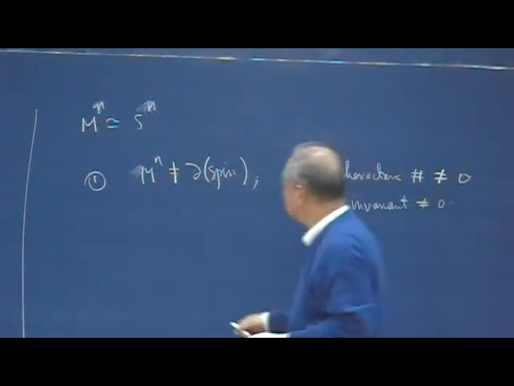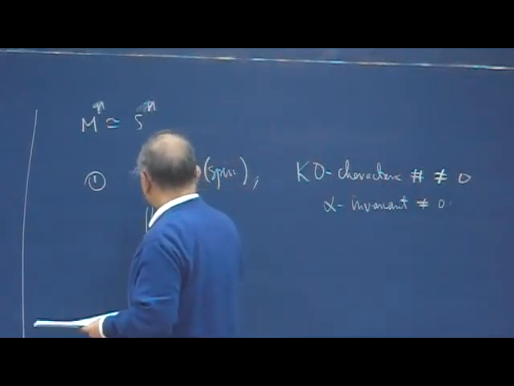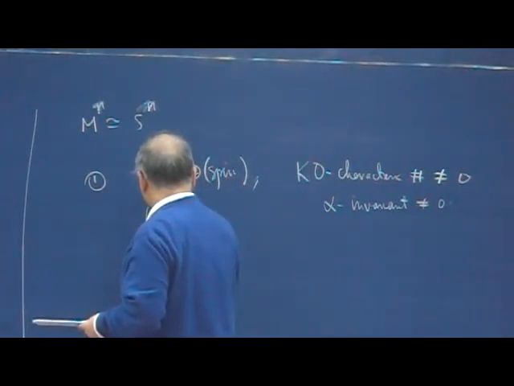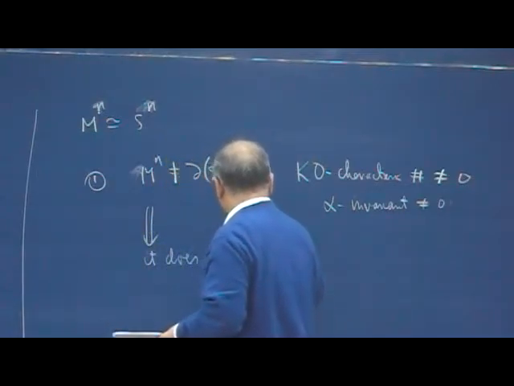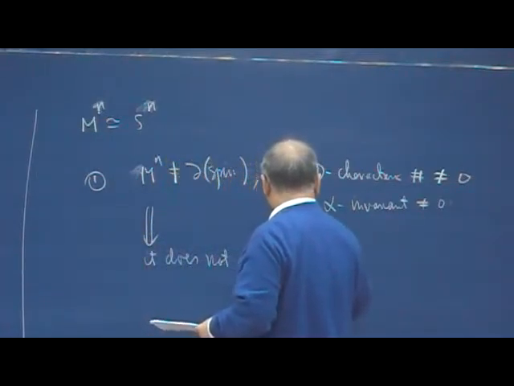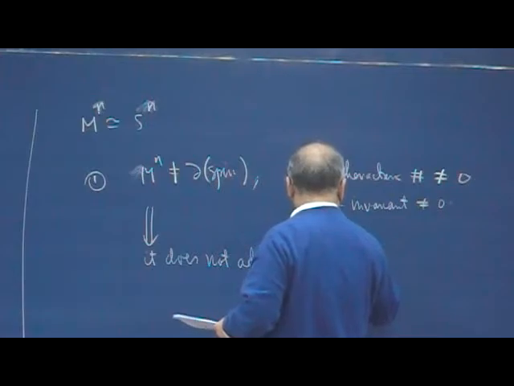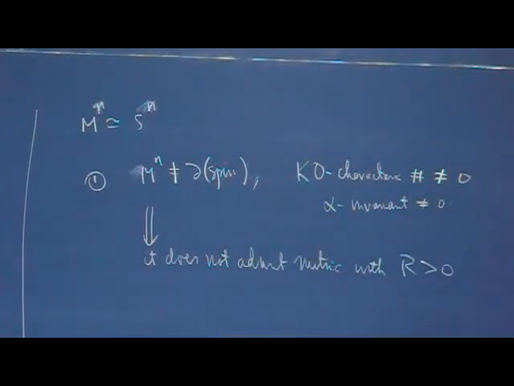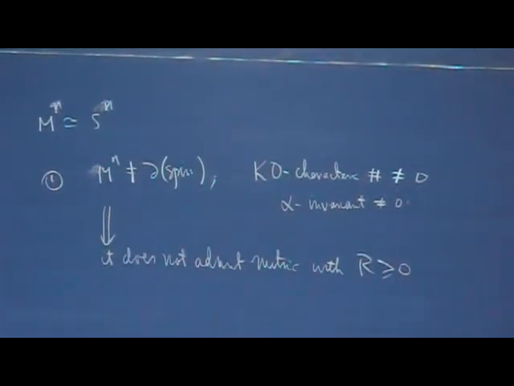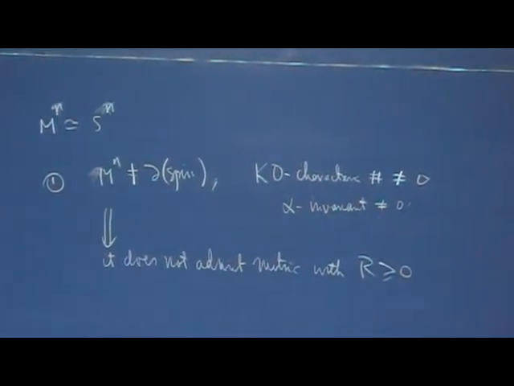This turns out to mean it does not admit a metric with positive scalar curvature. So a sphere which does not bound a spin manifold cannot have positive scalar curvature.